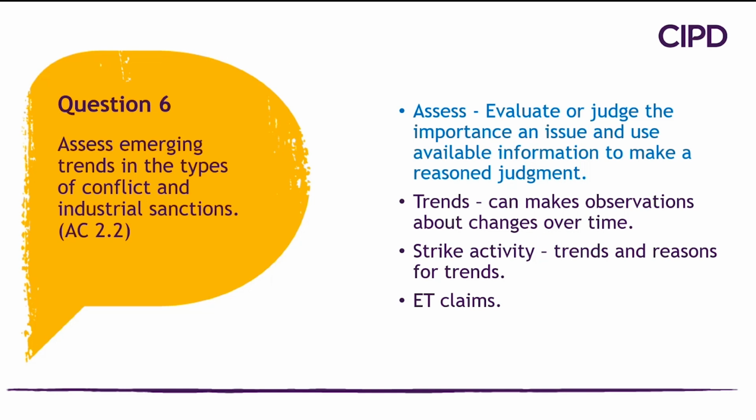You could also consider that strikes have other measures too, through number of working days lost and number of workers involved. You could also show evidence of trends relating to individual conflict that could be evidenced through employment tribunal claims or claims to similar courts.